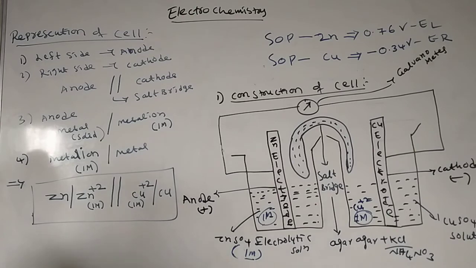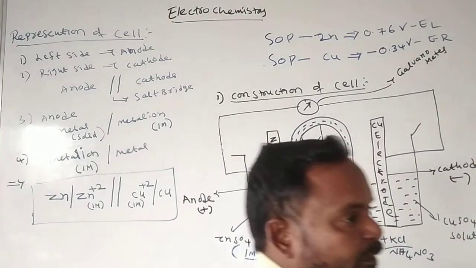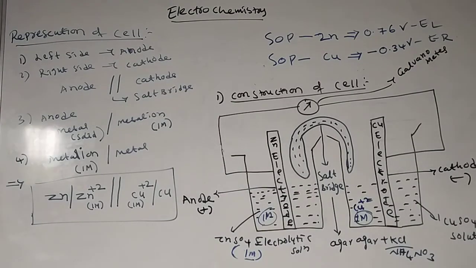This is about the representation of the cell, construction of the cell, reactions, and calculation of the cell. This is about the complete Daniell cell, explained in 4 steps.